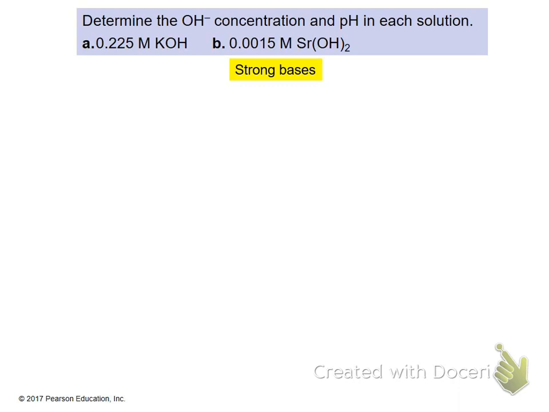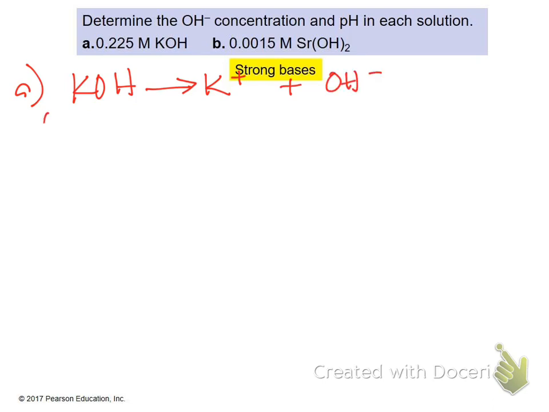right? And because they're strong bases, they will dissociate completely in solution. So looking at the first example here, A, we have KOH that will dissociate completely in water, turning into K plus and OH minus, the hydroxide ion.